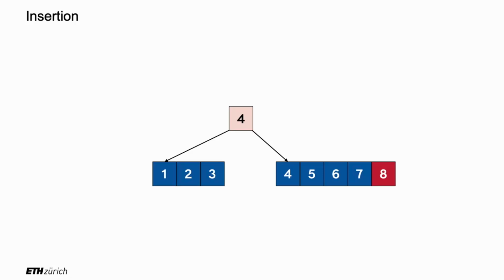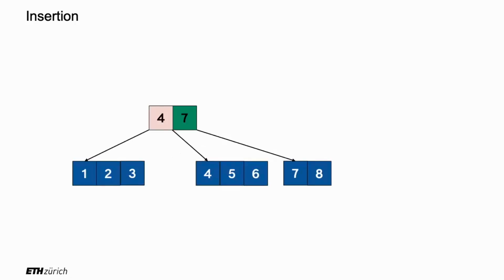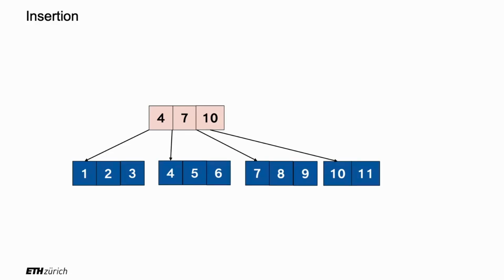And so what I'm going to do is split it again, like this. So this split it in 2. And now on the root level, I have 2 values, 4 and 7. Then I continue to add. 9, 10, it breaks again. I have more than the allowed number. I split it again. Now I have at the root 3 values.